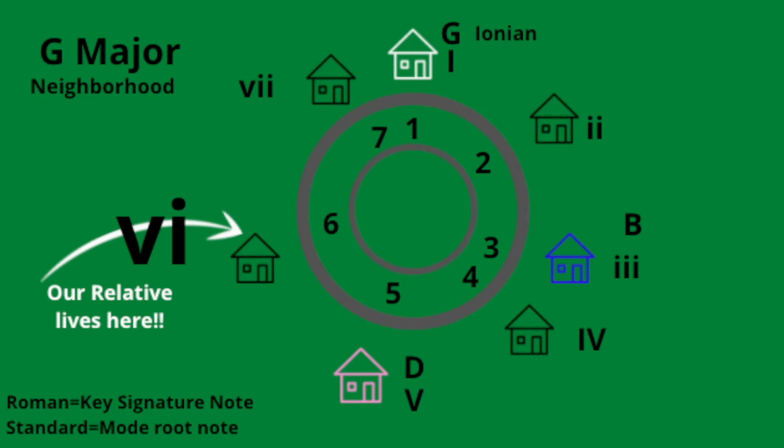And one of the first relationships we always hear about is our cousin, the 6th. So if you're in G major and you go out the door to the right there, metaphorically speaking, a half step away from G to F sharp and then E, and that's your E minor. So those are related. And why are they related?